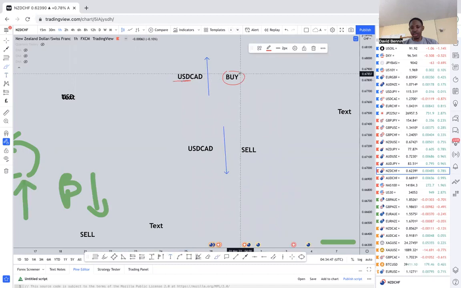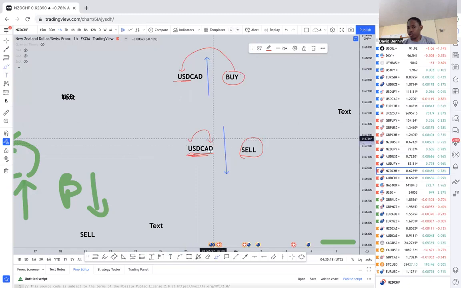So indirectly, you are buying the US dollar because that is the one that is causing the move. But if the US dollar Canadian dollar is pushing down, it means you are selling. You are selling the US dollar to buy Canadian dollar.